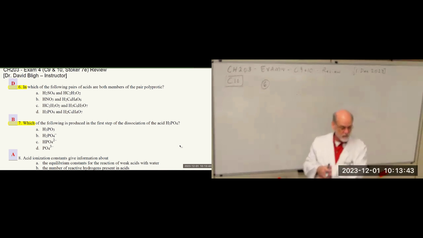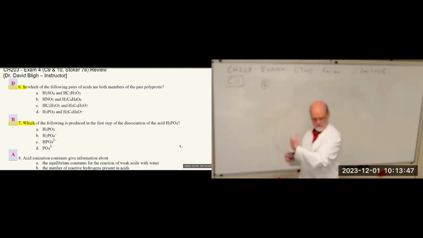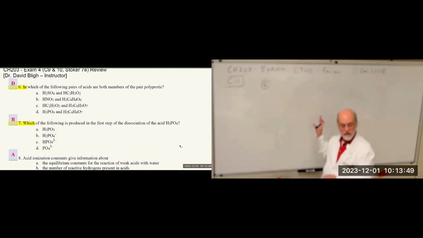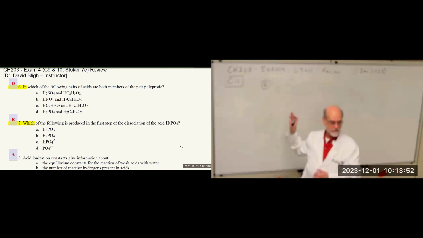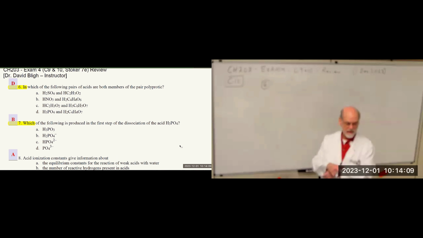If it's got 2 or more hydrogens as the first element, any other hydrogens in there are not acidic hydrogens. For instance, H2SO4 is polyprotic. HC2H3O2 is acetic acid. It's monoprotic. Those other 3 hydrogens are bound and they're not released.